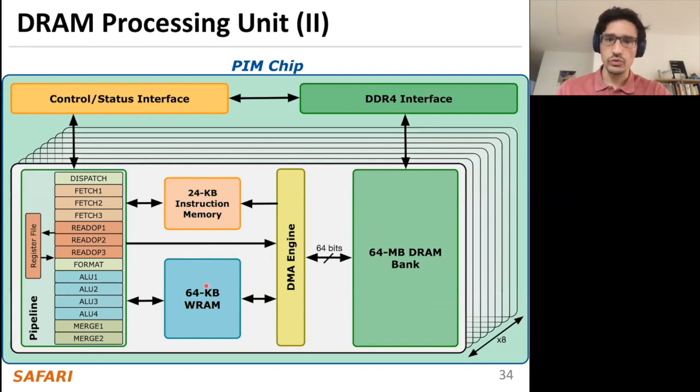And then once we have the data in the working RAM, we can start running, for example, arithmetic operations in this pipeline. When we compute something, we will write the results back to the WRAM, and at some point we will spill these results from the WRAM to the DRAM bank so that it is accessible through this DDR4 interface by the SoC or the CPU or host.